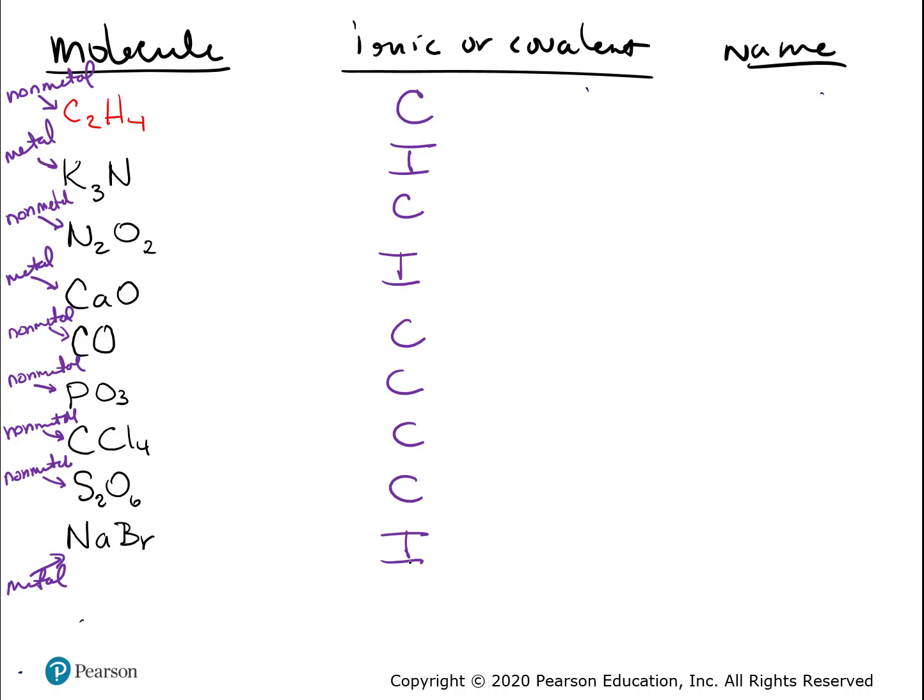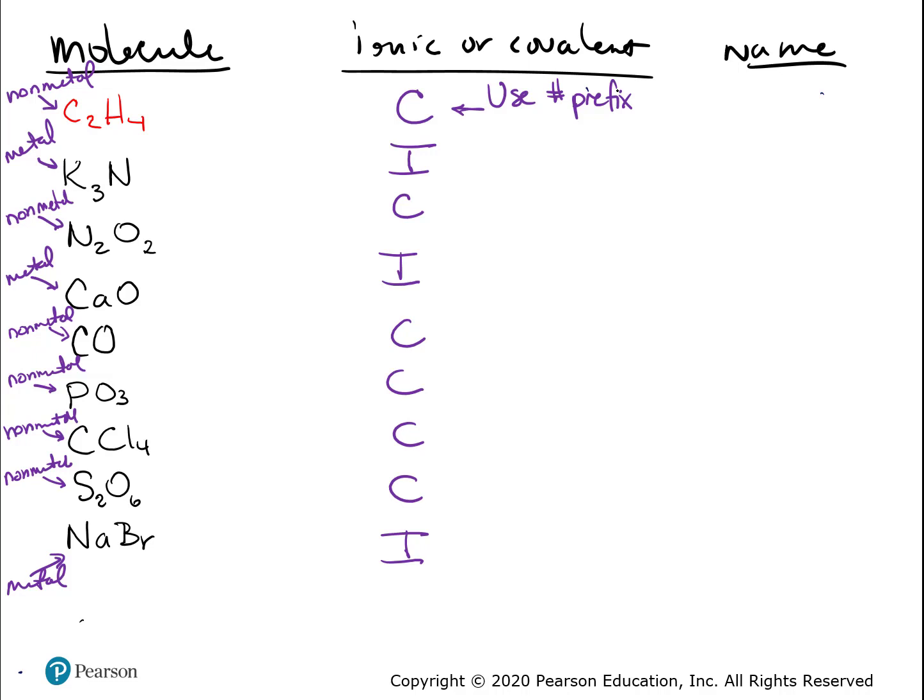Okay? So if it's covalent, do I use number prefixes or no? Does C2H4, do I need number prefixes? Yes. If it's covalent, I have to use what I call the number prefixes. So I have to use mono, di, tri, tetra if it's covalent.